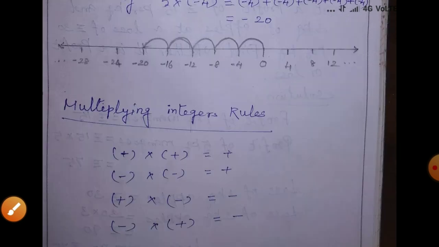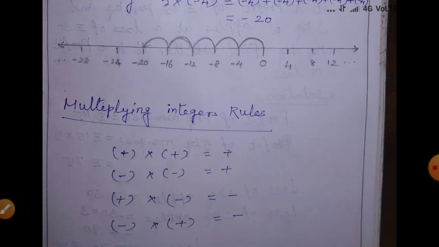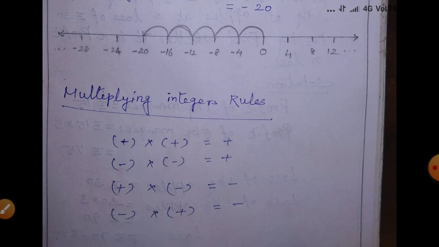Okay, next, multiplying integers rules. Plus into plus is equal to plus. Next condition, minus into minus is equal to plus.